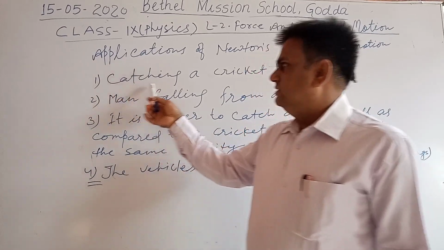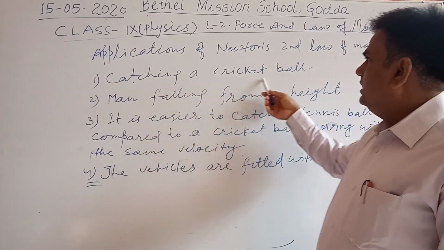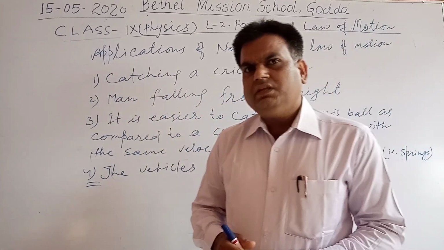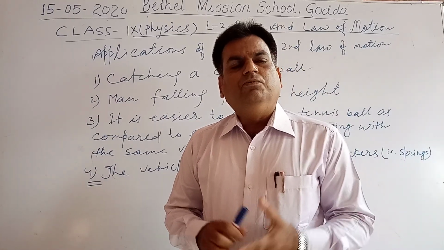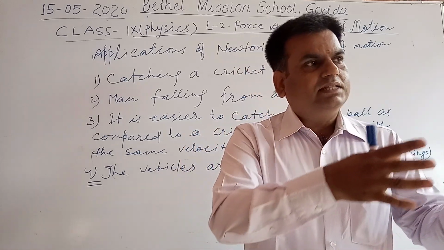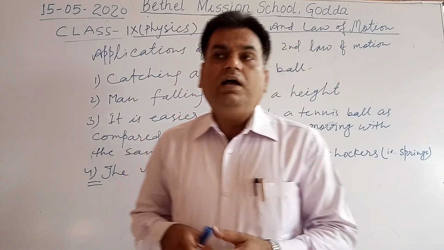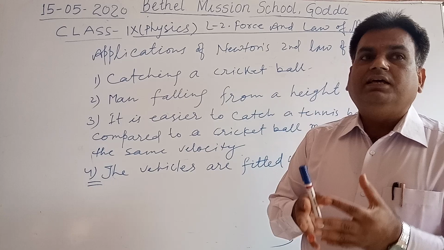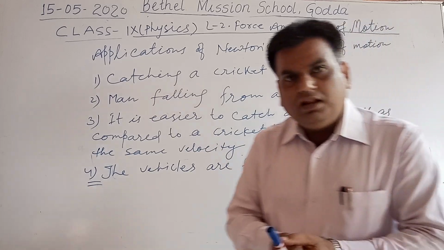The first application is catching a cricket ball. You have already seen that when a player catches a ball, they wag their hands. Why do the players wag their hands after catching the ball?